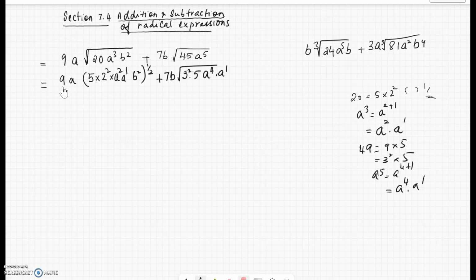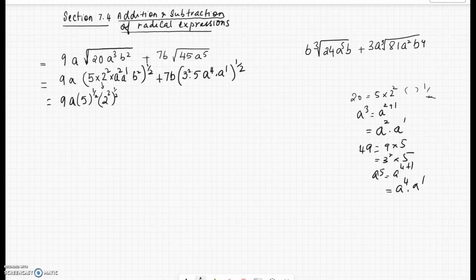And let me just fix this. The radical sign is the same as to the power of half. Now let's rewrite this. 9a, and then it's 5 to the half. Cannot be simplified any further. 2 squared, so that's what we're looking at, to the half, because it's all to the half.